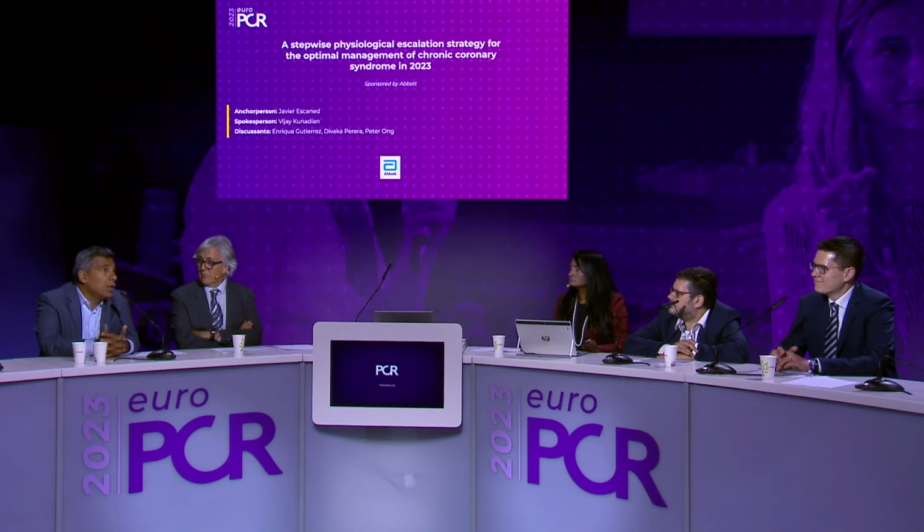I agree, because a lot of the tests that we do, stress echo, radionuclide tests, rely on heterogeneity, because you generally have one or two vessel disease, and there's a territory that is well perfused, and you look at the difference between the two. That's not of much use, because CMD, microvascular dysfunction, affects all territories.